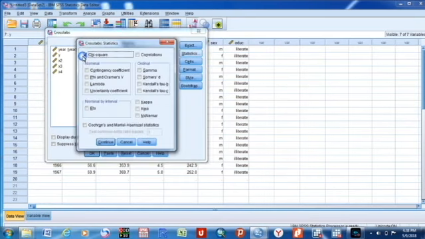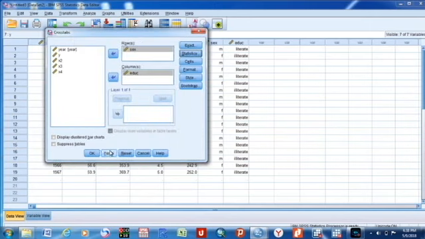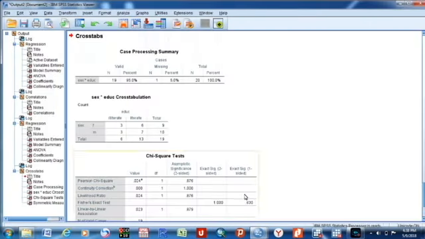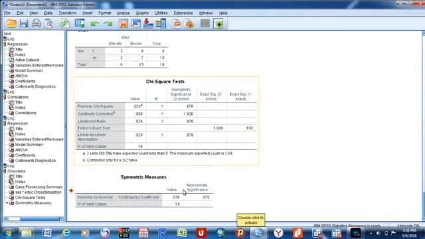Then under statistics we need to click chi-square, then contingency coefficient, then continue, after that okay. So from here we need to go to the value of the contingency coefficient. The value of the contingency coefficient indicates that there is no correlation or multicollinearity problem between sex and education level, because the value of the contingency coefficient is below 75%.